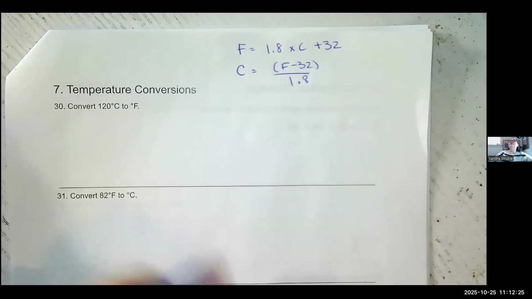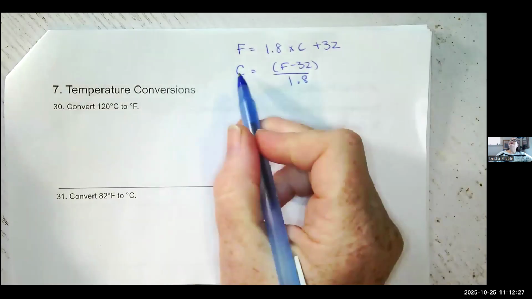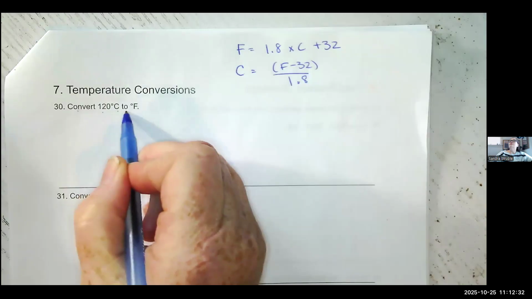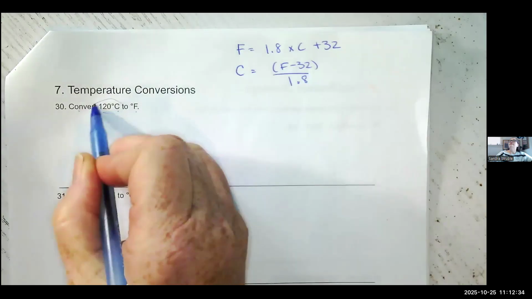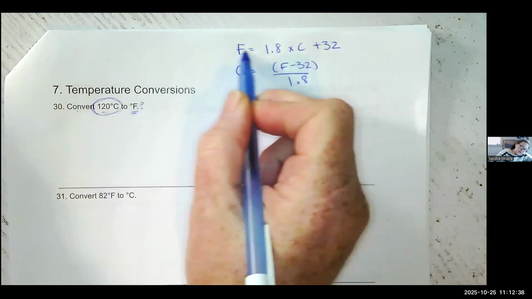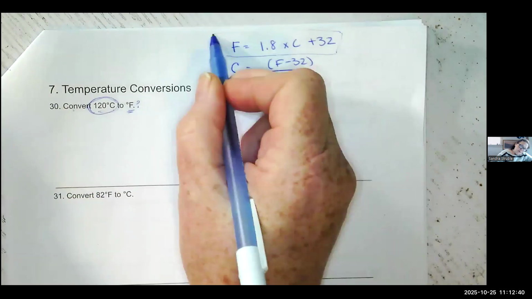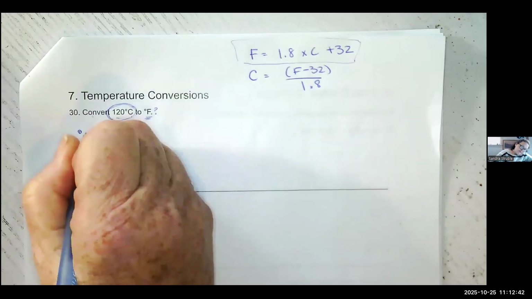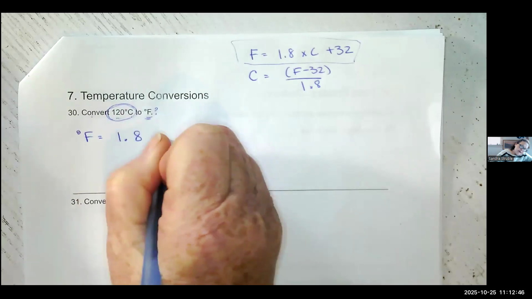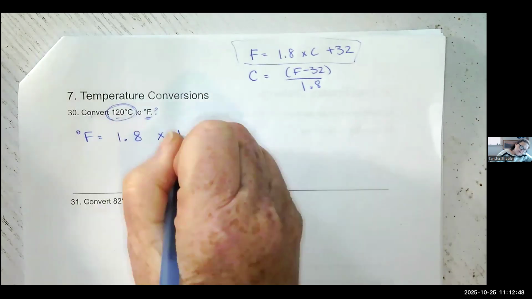For the first one here, convert 120 degrees Celsius to Fahrenheit. Well, they're giving us the Celsius and we're looking for the Fahrenheit. So we're going to use this one right here. Degrees Fahrenheit is 1.8 times the Celsius degrees, 120, plus 32.